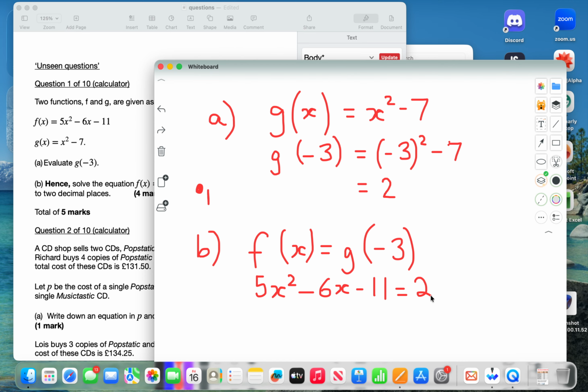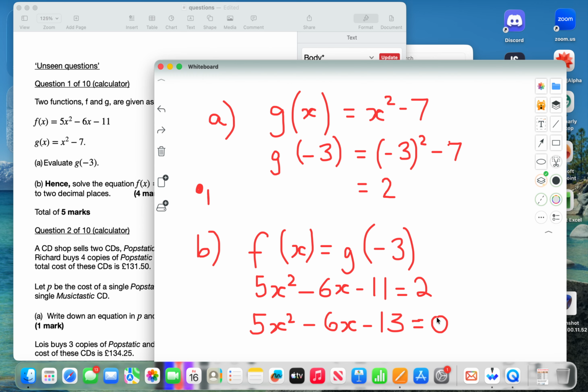If you're observant, you should notice that this is a quadratic equation, but if we want to solve a quadratic equation, we have to get 0 on the right hand side. So if we take 2 away, we're going to get 5x² − 6x − 13. And we can then solve this.